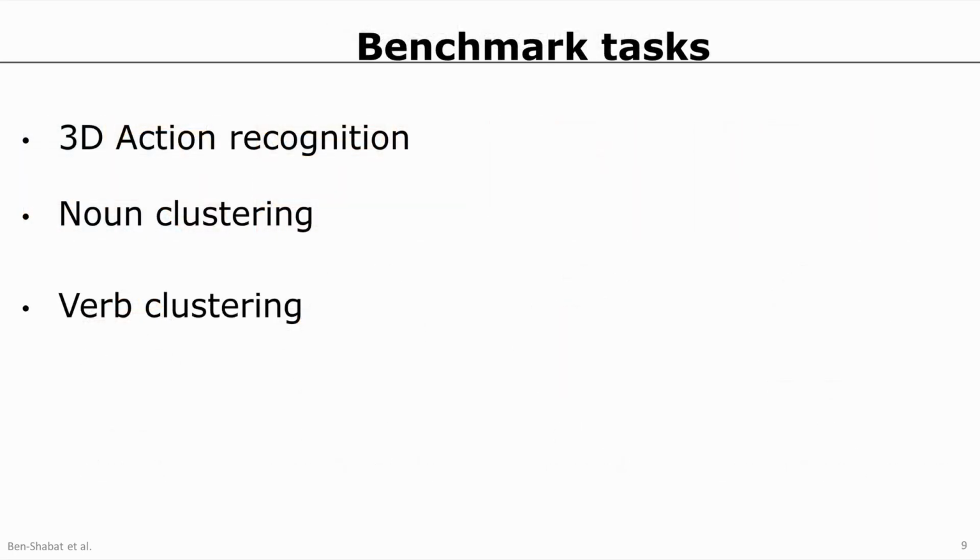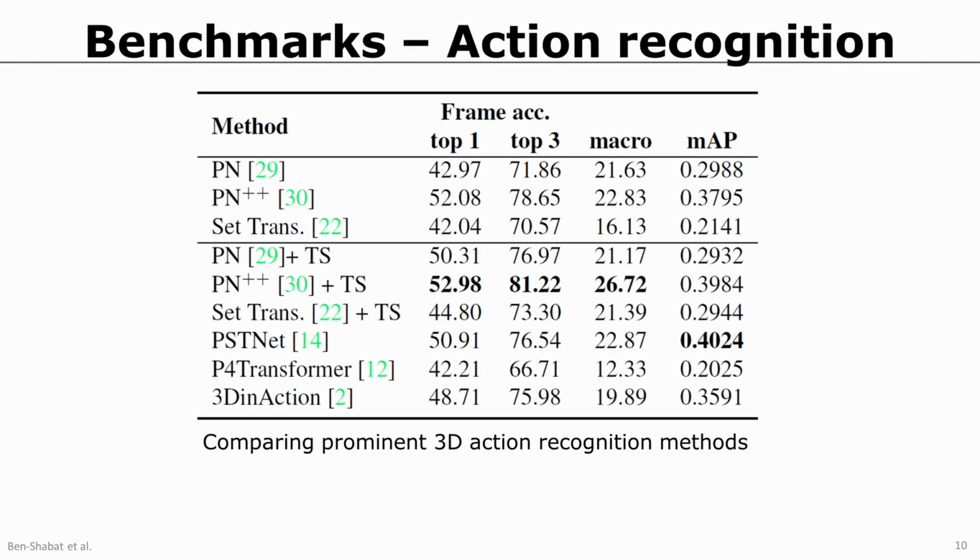We evaluate prominent 3D action recognition methods on the raw atomic actions in 2 subsets clustered by nouns and verbs. For 3D action recognition, we compare single-frame baseline methods including PointNet, PointNet++, and set transformers, as well as sequence-based methods like PSTNet, P4 transformer, and 3D in action.